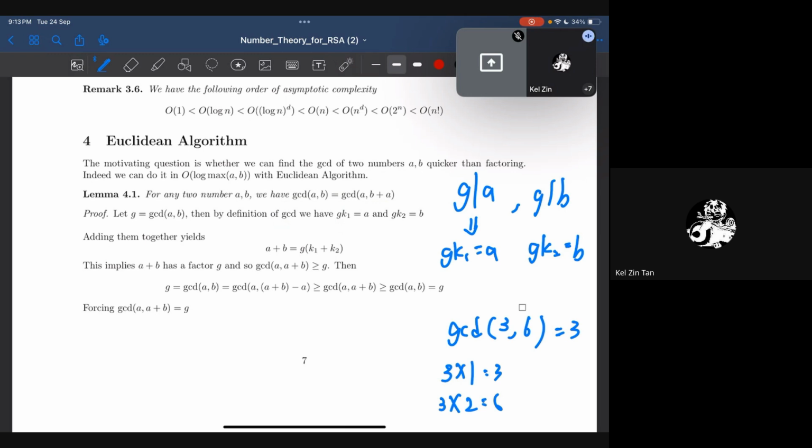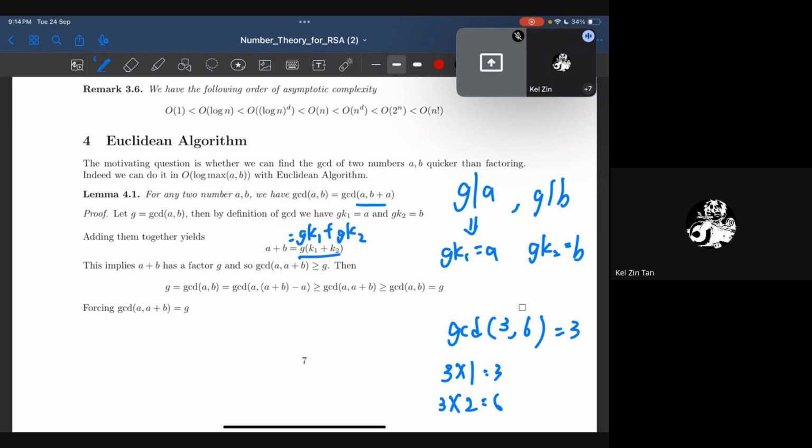So how do we prove this? First, we see that if we add A and B together, then we can write it in terms of G multiplied by (k1 plus k2), because this was Gk1 plus Gk2. You can just factor out the G, and then you get this part.